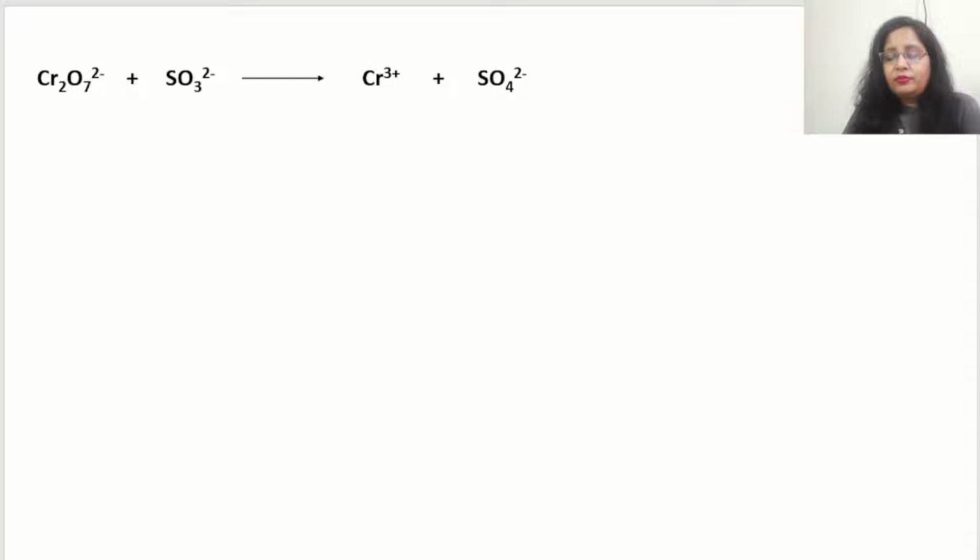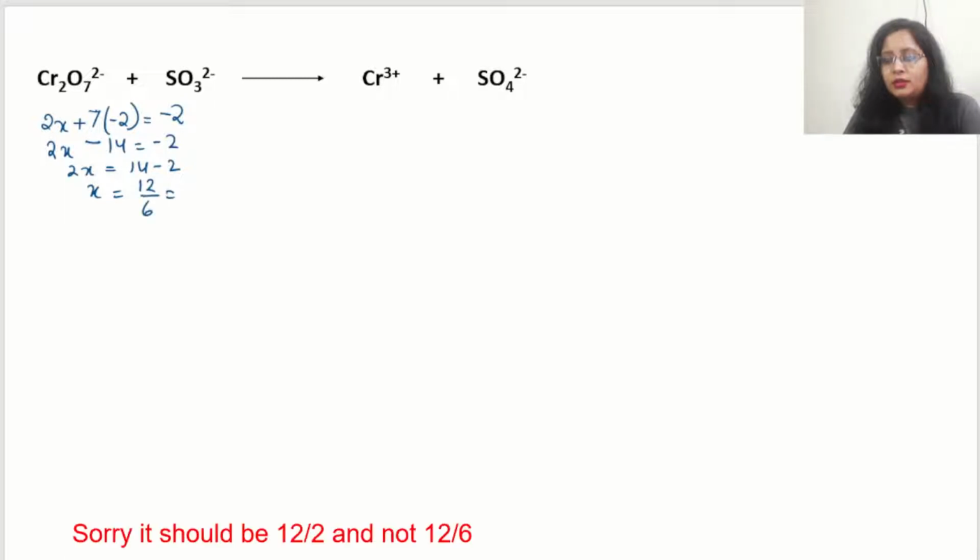For chromium, we get 2x plus 7 times minus 2 for oxygen is equal to minus 2, as the whole species has charge minus 2. So 2x minus 14 is equal to minus 2. So 2x is equal to 14 minus 2. X will be 12 by 2, and it is plus 6. So chromium has a plus 6 oxidation number on the left hand side.